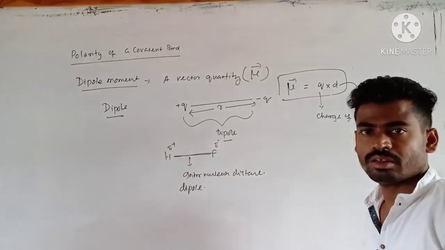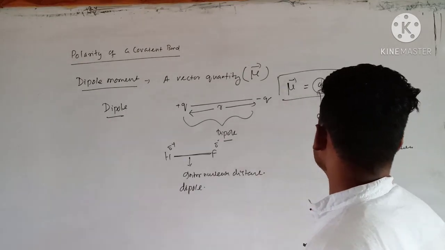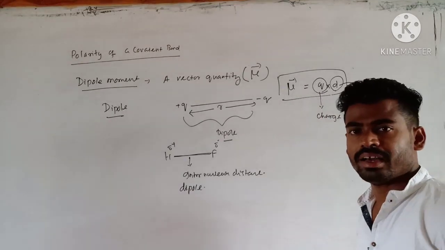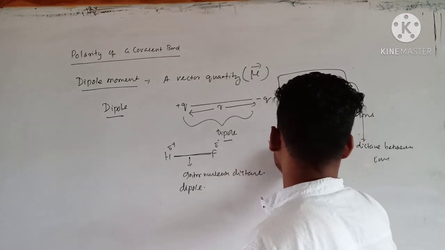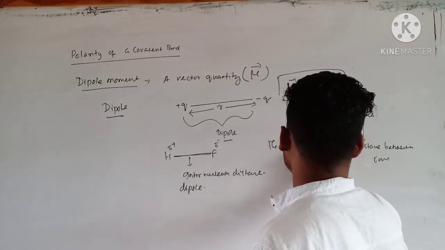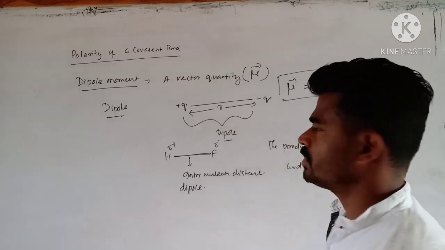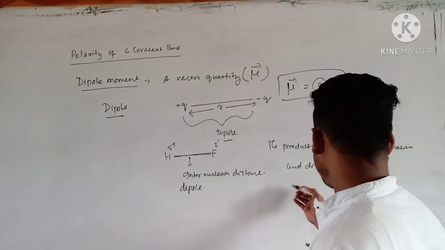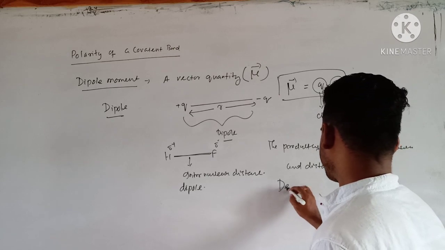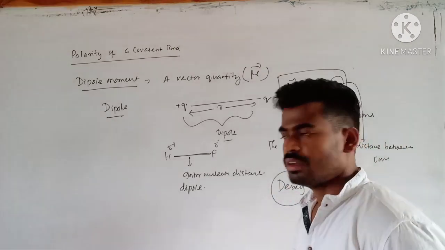So dipole moment is defined as the product of a charge and distance. Its unit is debye. Debye is the unit of dipole moment.